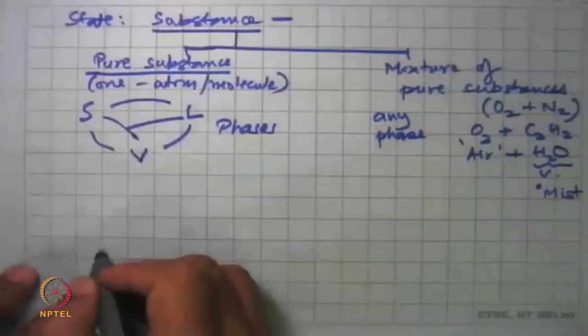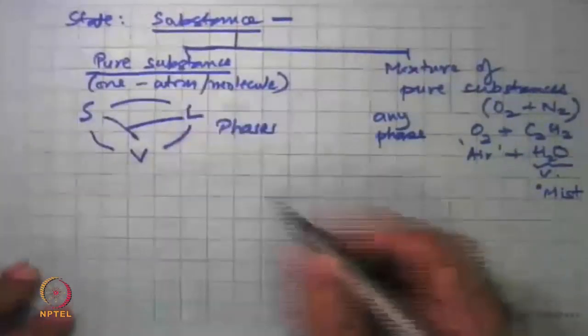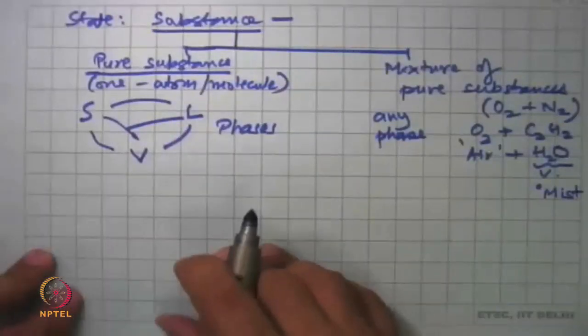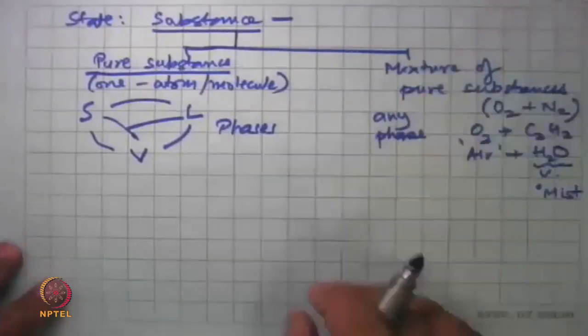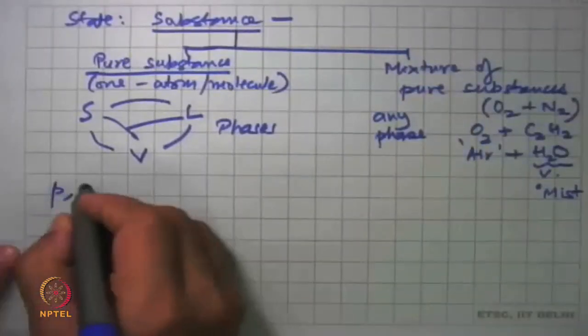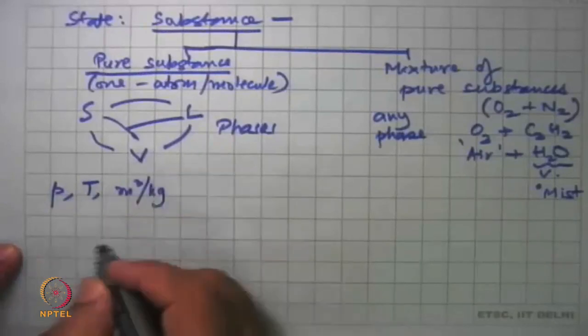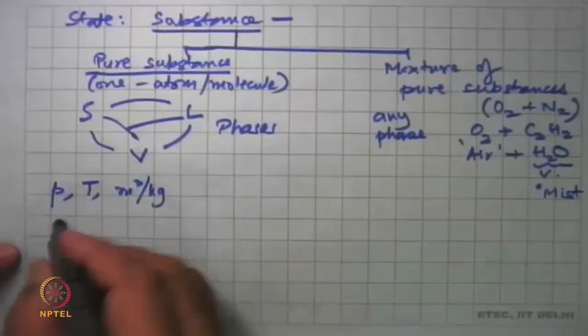So we come to the pure substance and say that there is only one atom and one molecule, and that I have to define certain properties. So we'll worry about pressure, temperature, specific volume. These are the thermodynamic properties. Then there are transport properties.